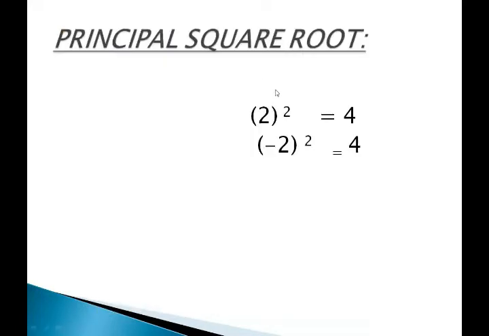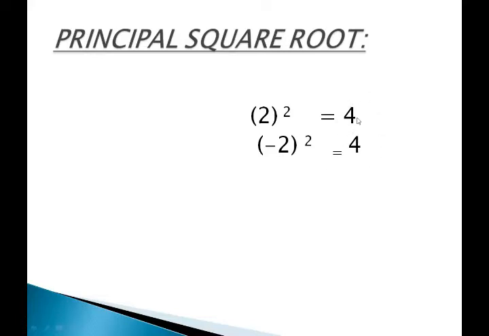For example, in this example, 2 is with a positive sign, where there is no sign, it means it is positive. So positive 2 multiplied by positive 2 gives 4, and negative 2 multiplied by negative 2 also gives 4.